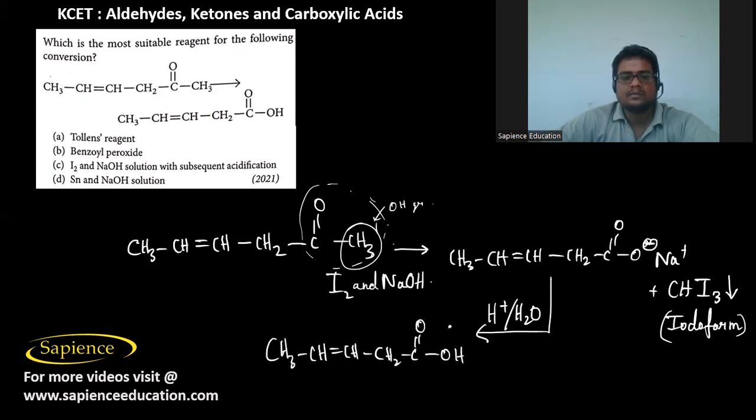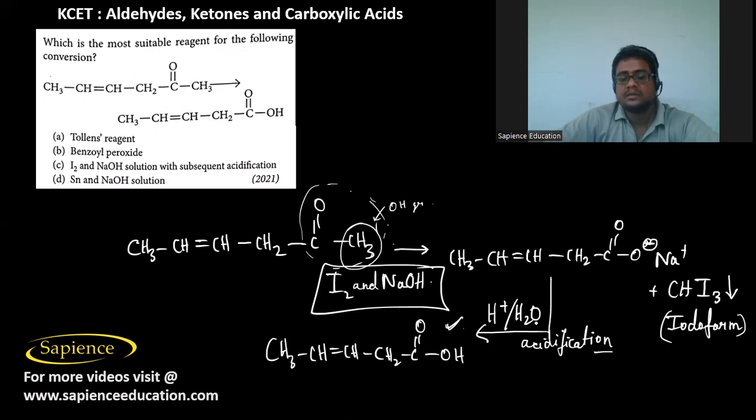So hence the final product will be formed. It means that I should use I2 and NaOH solution with subsequent acidification. Acidification means that we should add some acidic solution. So option C is the correct answer.